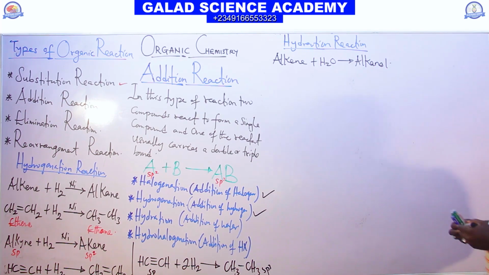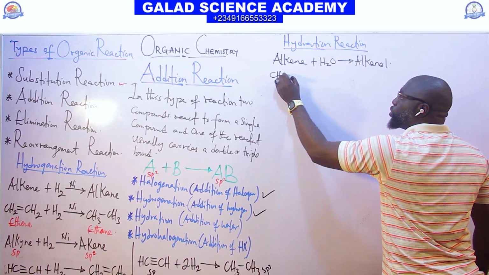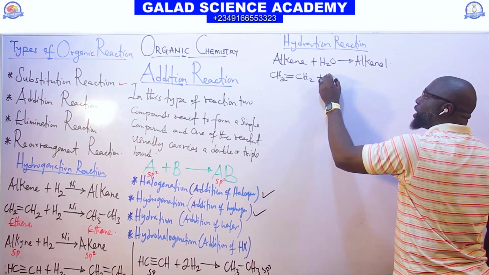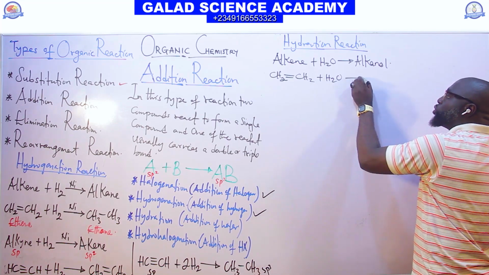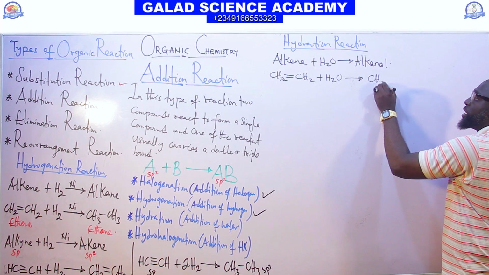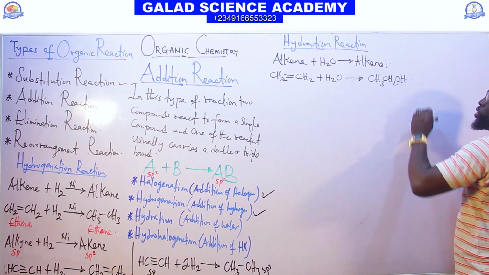The hydration of alkene will give us alkanol. Now use a member of alkene here, CH2 double bond CH2 plus H2O to give us CH3 CH2OH.